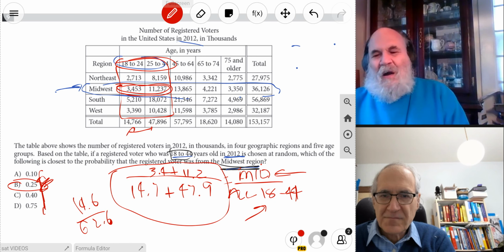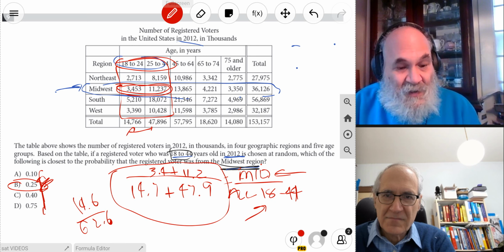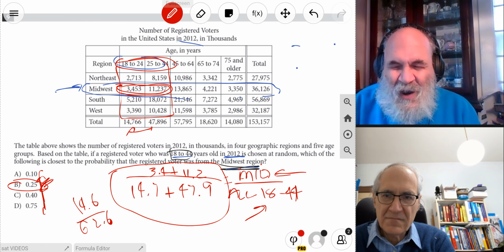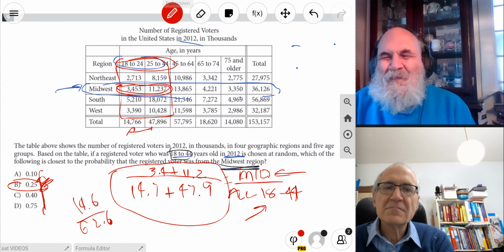However, you could do this question simply by understanding what the question asks. If you understand what the question asks, you could appreciate that it is asking for a number called a conditional probability.